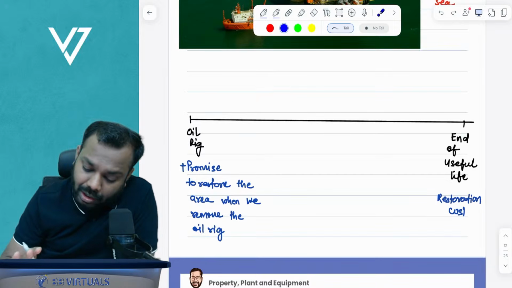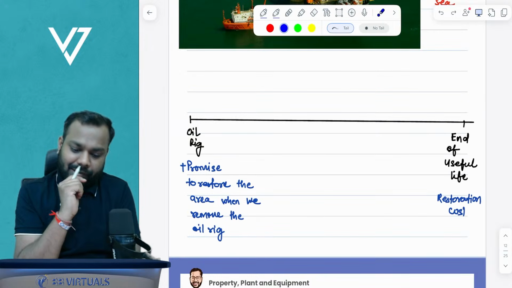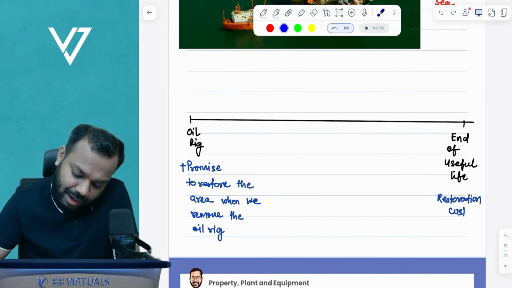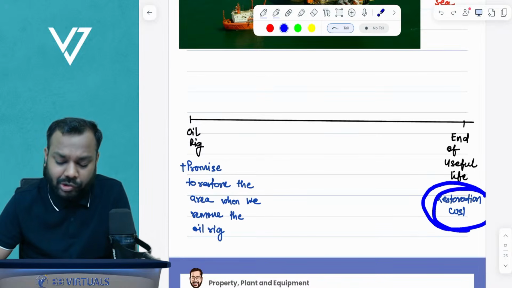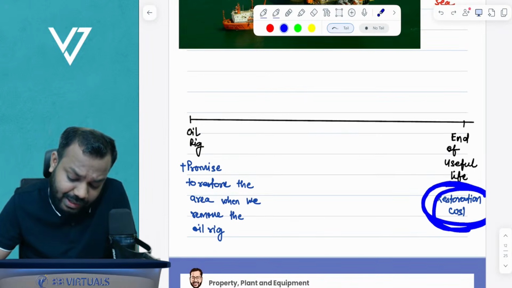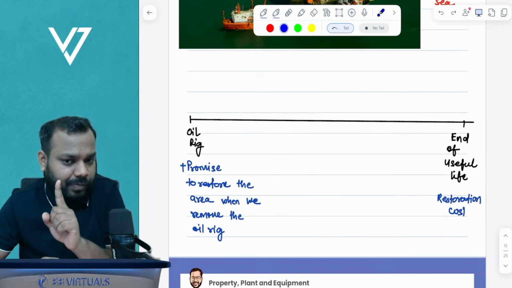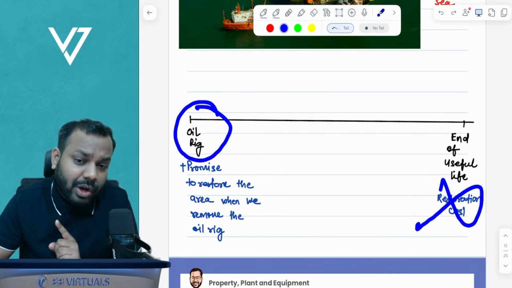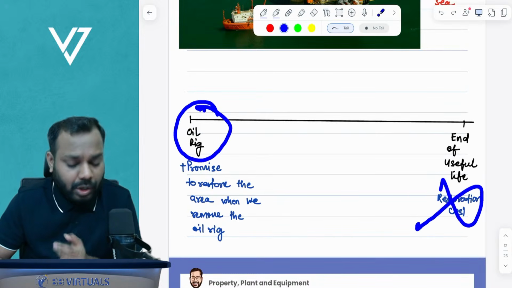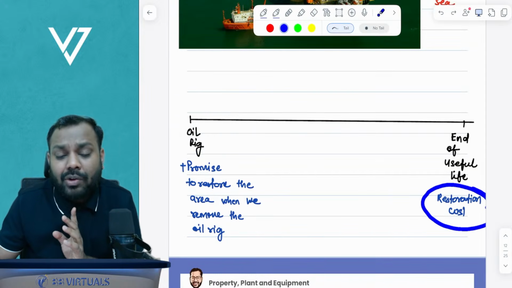Now please understand, the standard says this. Tell me, without incurring these costs, can you use the oil rig? If you think, okay, I will not incur this cost, can you even use the oil rig? No. To use the oil rig, you have to take the obligation of these costs.